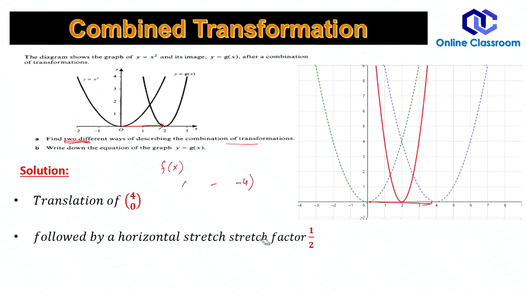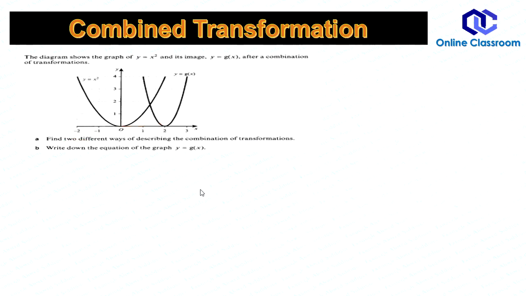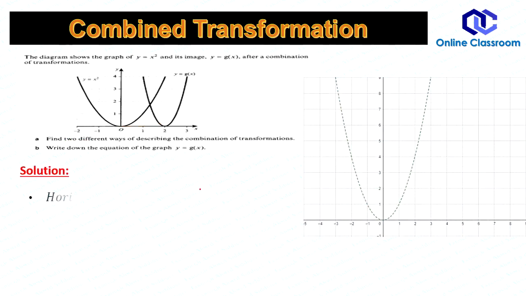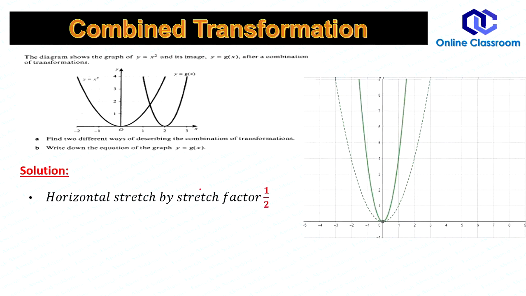Now option number 2. The examiner is saying write down two different ways. What about the second option? The second option I've shown here. First I've done the stretch, but now this stretch, a horizontal stretch here, is with factor half. Is this clear?